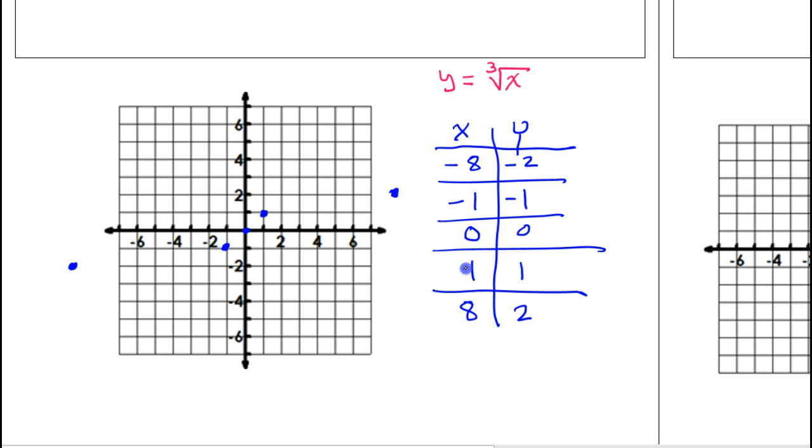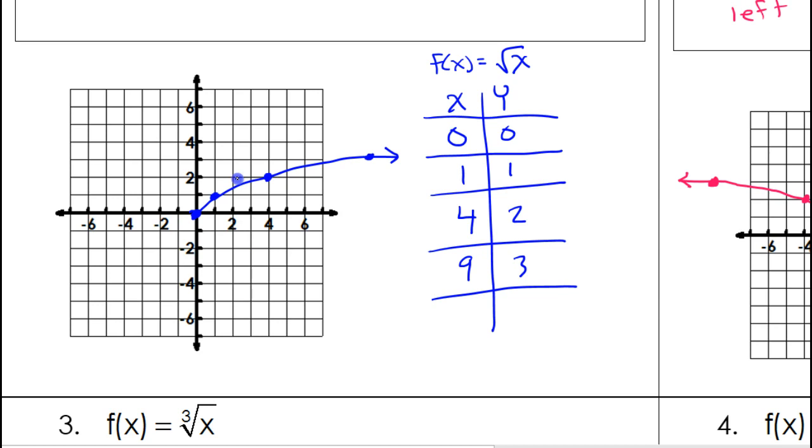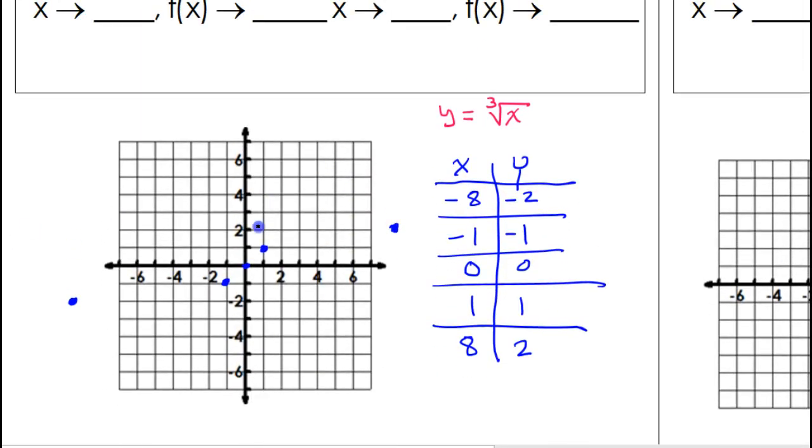And we could keep going to the left and to the right. So unlike the square root graph, which sort of starts at a single point and goes in one direction, cube root graphs go in both directions forever. So this graph is going to look like this. Kind of going to the right, it looks a lot like a square root function. But it also goes to the left like this.